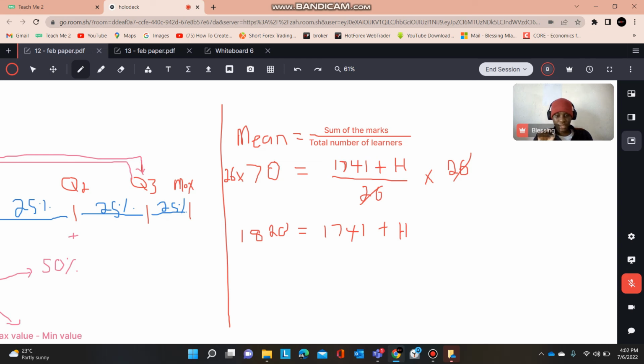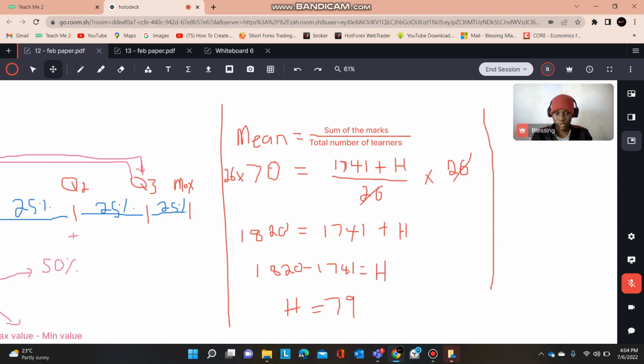What you do, you take this number 1741 to the other side, and when you take it to the other side, it changes the sign from positive to negative. So you'll have 1820 minus 1741 is equal to H, which stays this side. And if you minus 1741 from 1820, you'll get your H as 79. And this is your value of H.